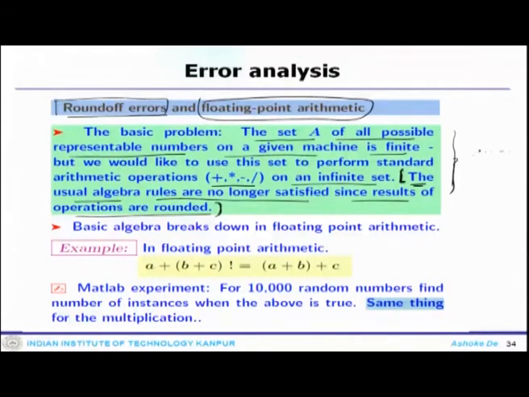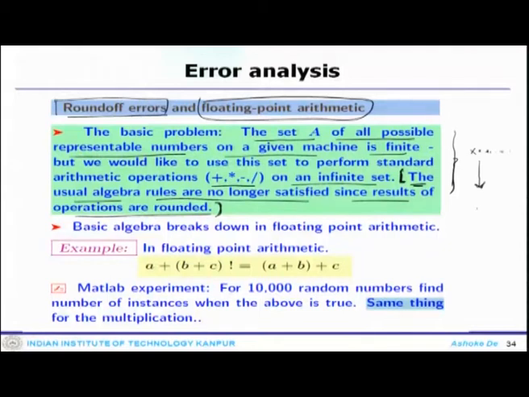As you keep rounding and go along with your calculation, at one point of time this becomes a compounding error, and the error in your final solution could be very large.